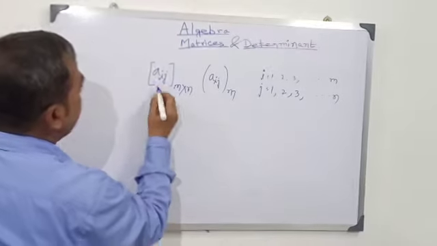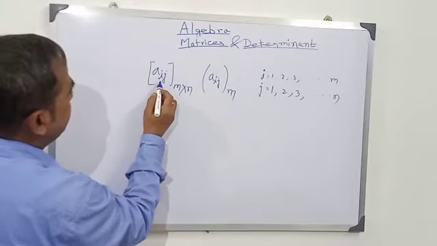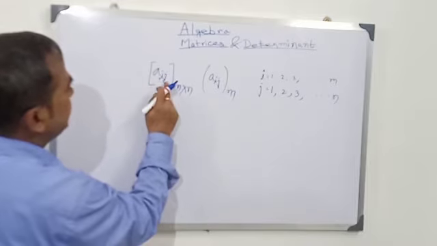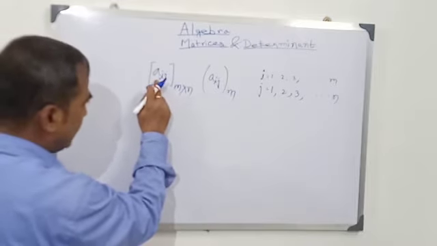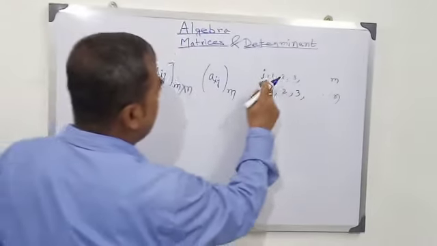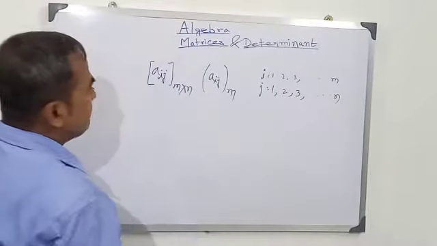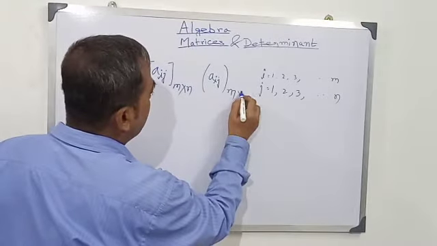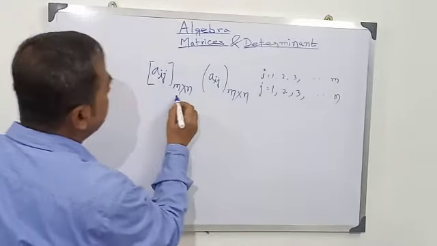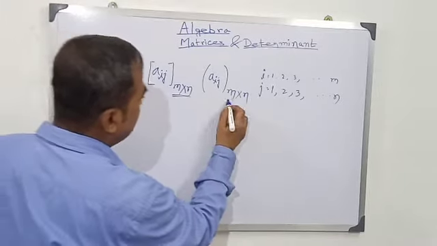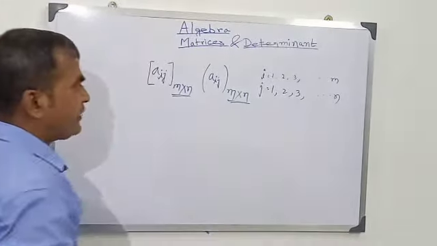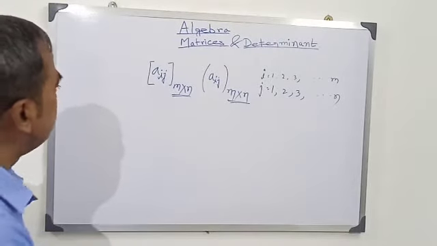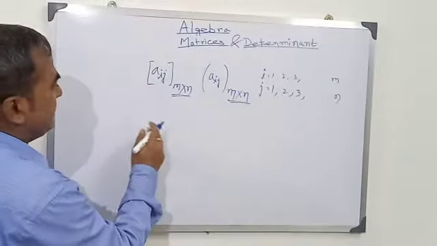So here a_ij means the element represented by the ith row and jth column, with i up to n and j up to n. So the order of the matrix becomes n cross n. Now, dear student, in case of determinants, it should be a square matrix only.